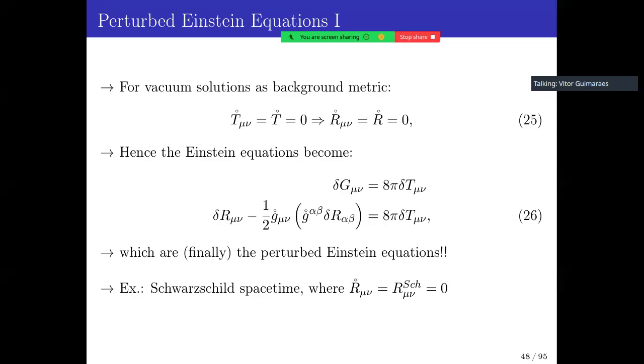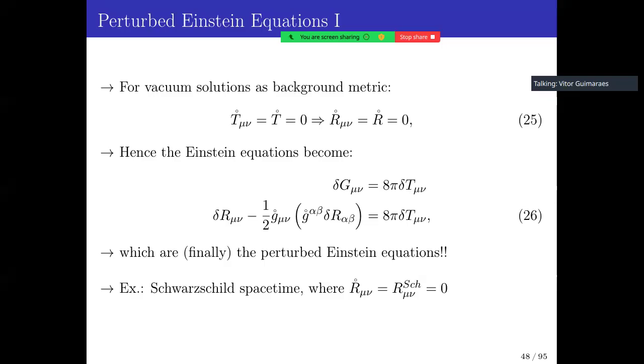If we were trying to see how the spacetime would be inside of a massive spherical object, for example a star, if we're modeling a star and want to see the equations of motion for the fluids, or the elements that compose the interior of the star, we would have T mu nu different than zero, and we would model this energy momentum tensor in accordance with whatever we are using to model the interior of this star.